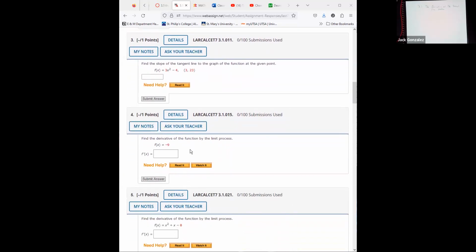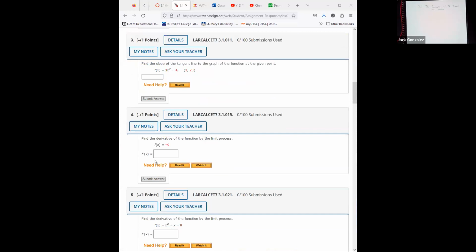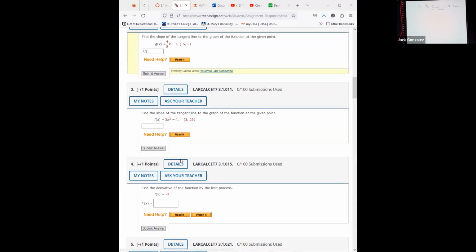To see how 4 and 5, they're starting to require the limit process. 2 and 3 they don't really, but it is kind of hard to find it with just the function. So let's do the limit process on this guy. Also, what do you guys think?